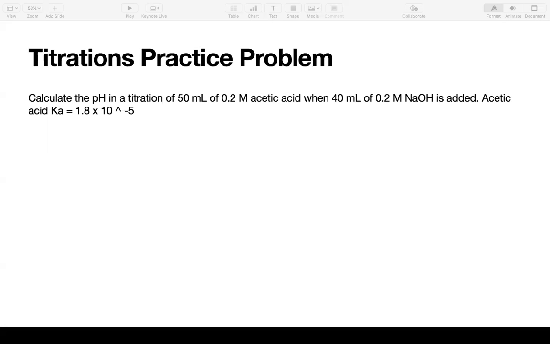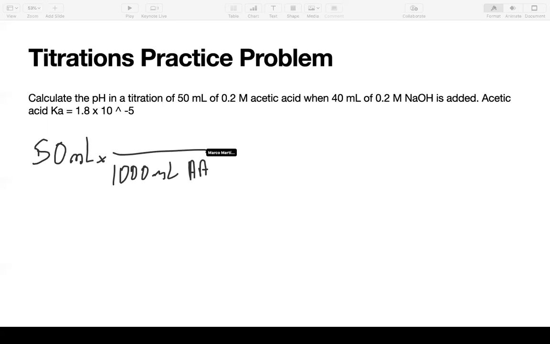So let's see. The first thing we're going to want to do is convert everything to moles. So we're going to want to work with moles for this first part. And we can do that by doing 50 milliliters. And then we know that 1,000 milliliters, in this case of acetic acid, will give us 0.2 moles.